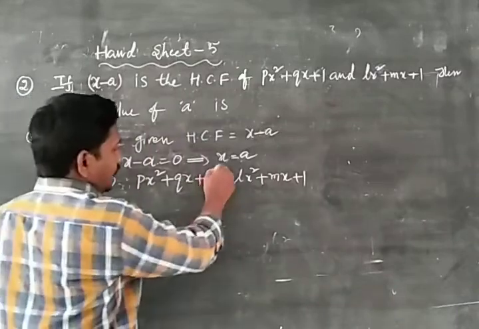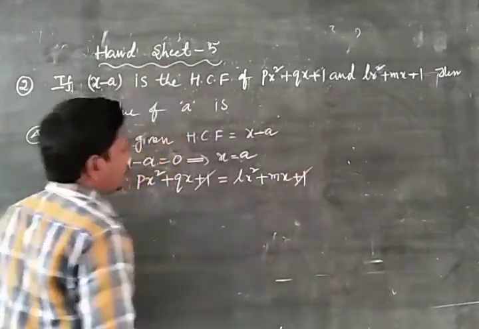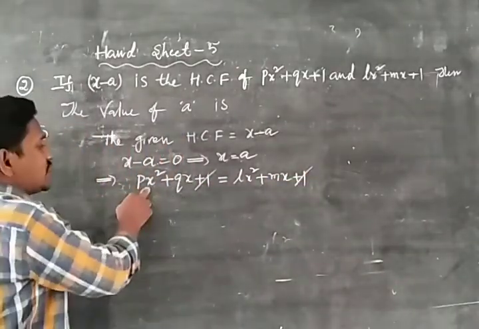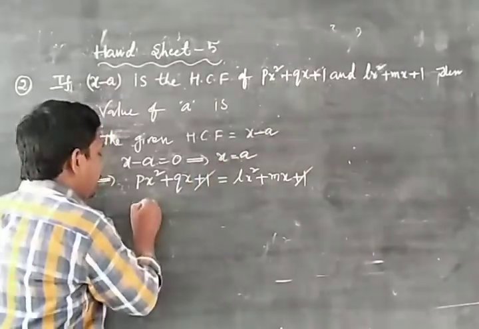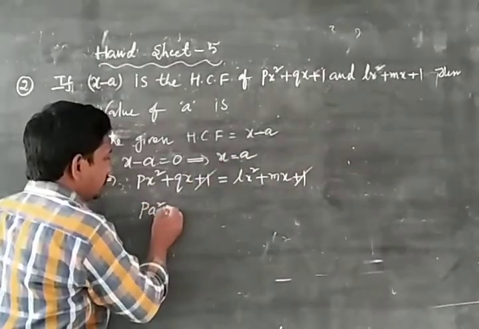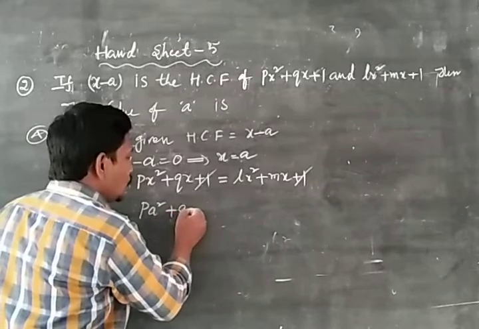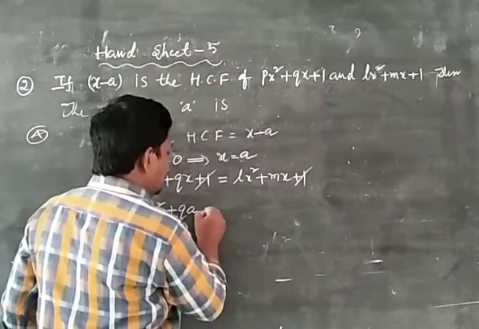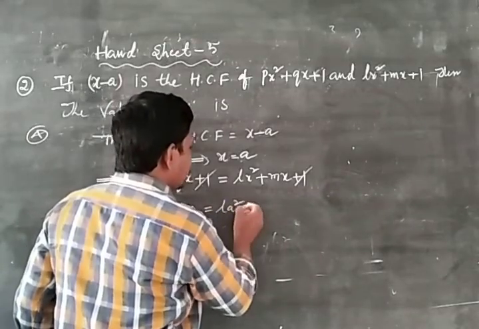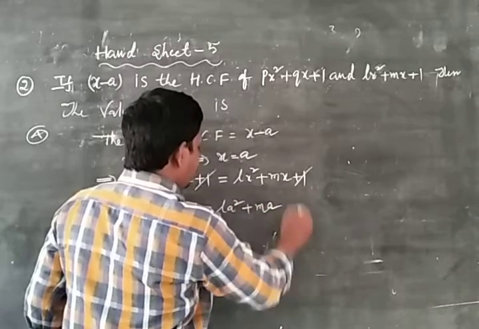Plus 1 on both sides cancels. In the place of x we substitute a: pa square plus qa equal to la square plus ma.